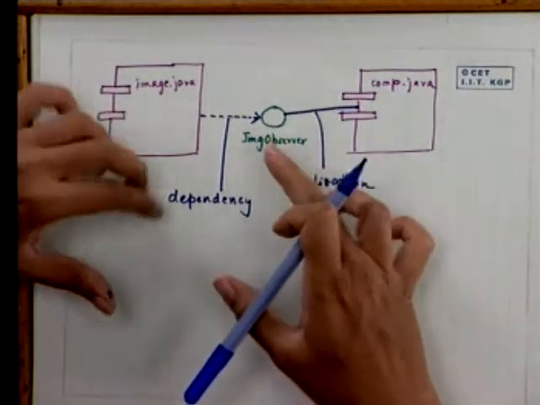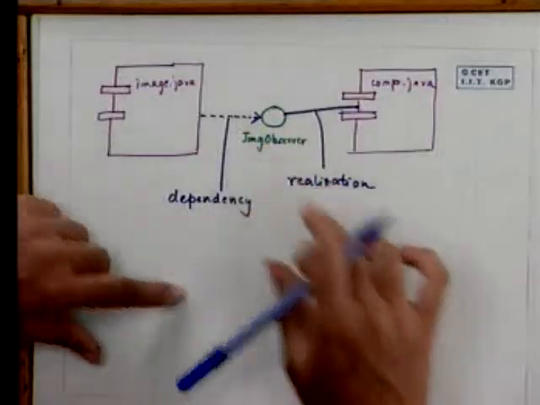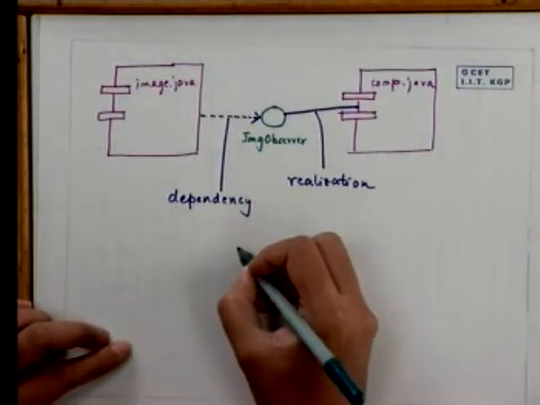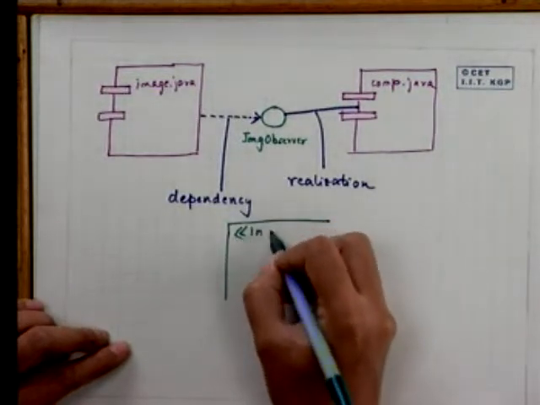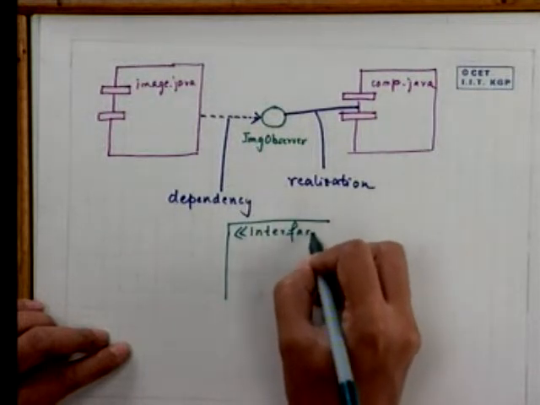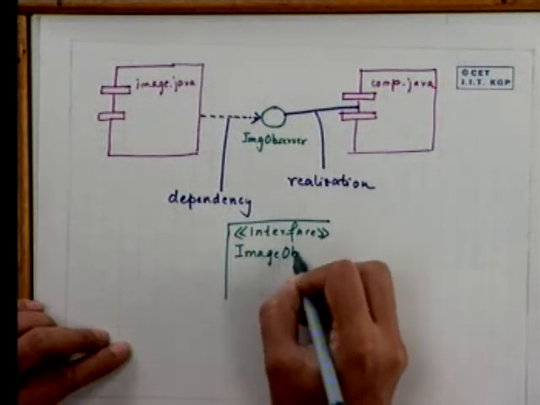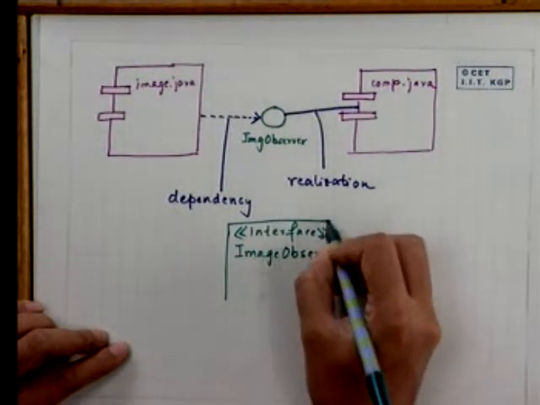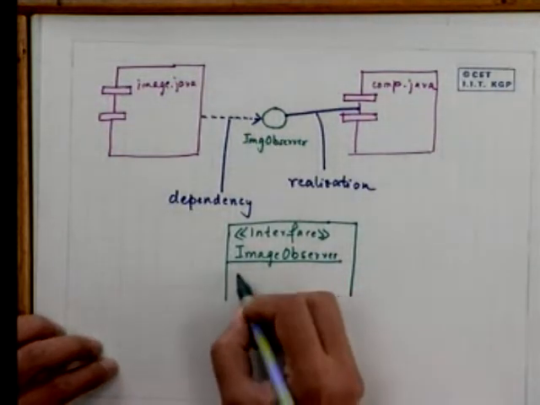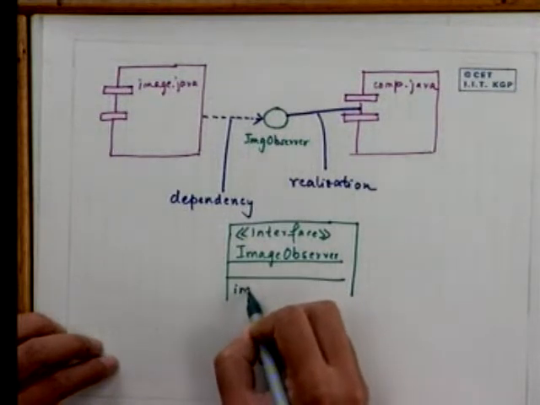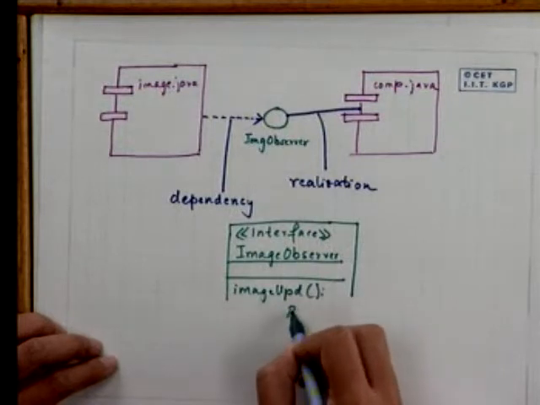If we wanted to give a more detailed characterization of this interface, we could have written it in this manner. We give the stereotype interface, give the name of the interface, image observer, and specify the operations. Suppose the operation is image update, which returns a boolean.